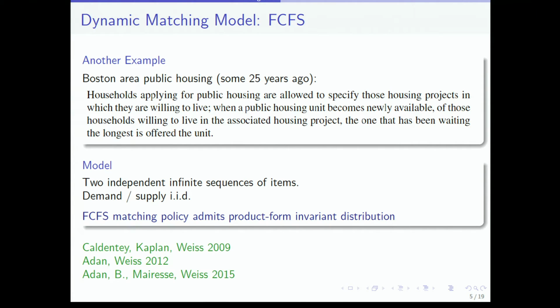In that case, the dynamics is very simple, and we only need to track how many items are sitting there, not the whole sequence of the arrivals with their dates. That's why the system becomes much simpler, and in the general case, it's very messy because you need to track really who arrived first on both sides.